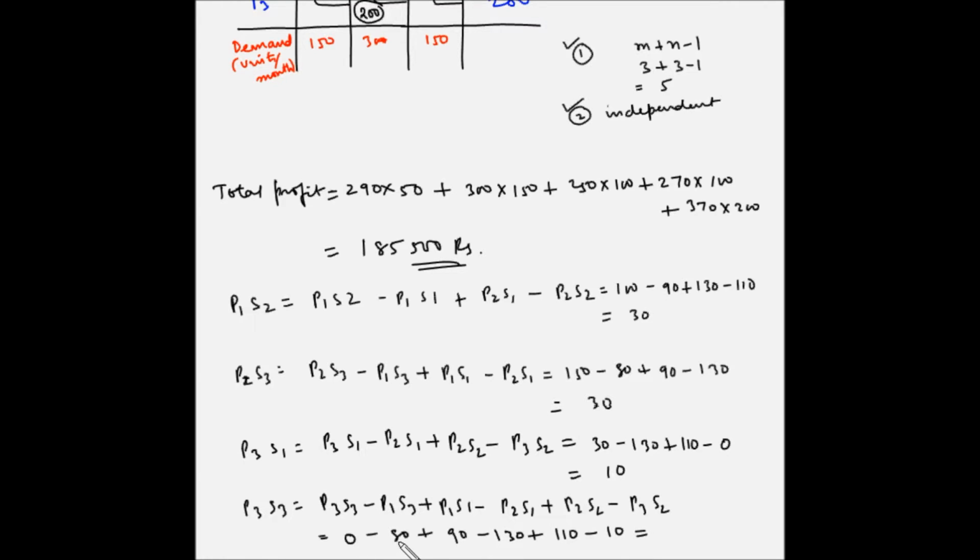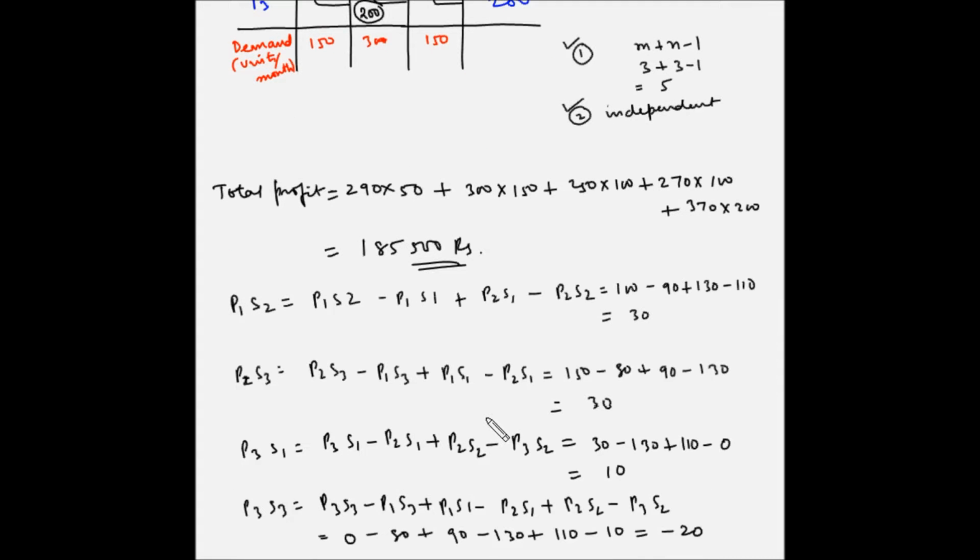So 0 minus 80 is minus 80 plus 90 is 10. 10 minus 130 is minus 120. Minus 120 plus 110 is minus 10. Minus 10 minus 10 is minus 20.